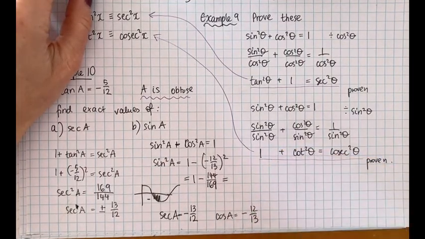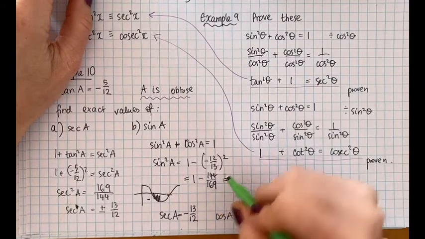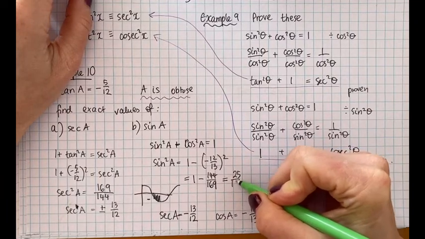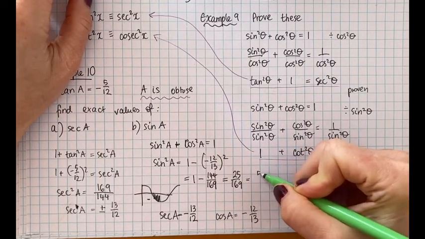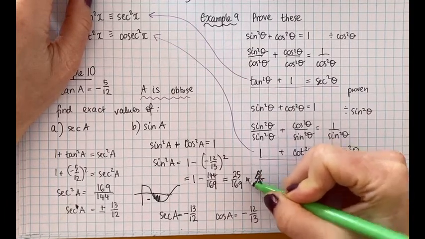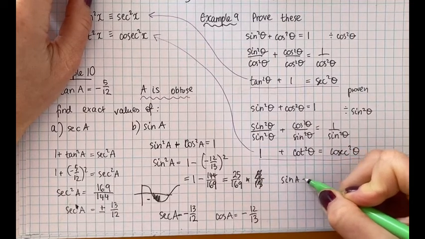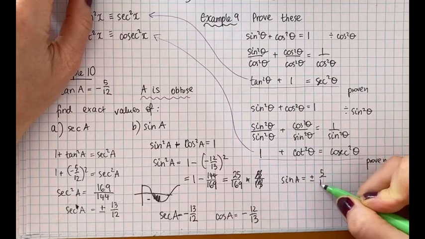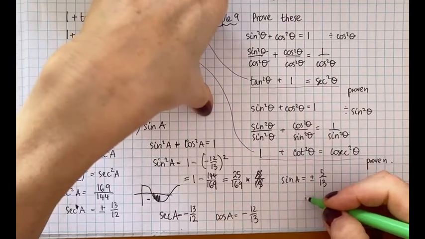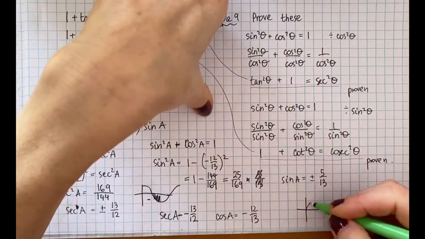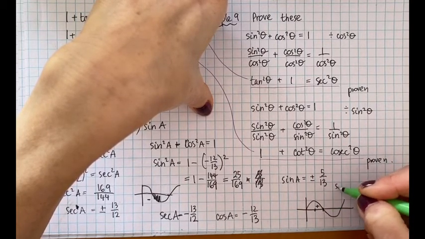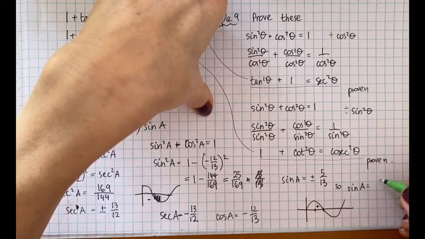I'll write it here because I'm running out of space. 169 minus 144 gives me 25 over 169. So that's 5 over 13. Hold on, let's not rush it. So sine A is equal to plus or minus 5 over 13. But is it going to be positive or negative? If A is obtuse, sine is clearly going to be positive because it's between 90 and 180. So sine A is 5 over 13.